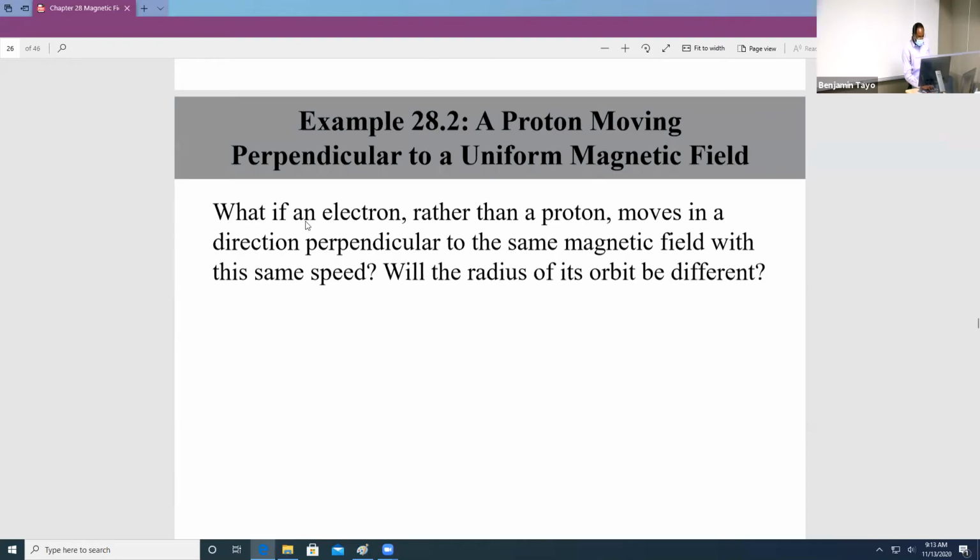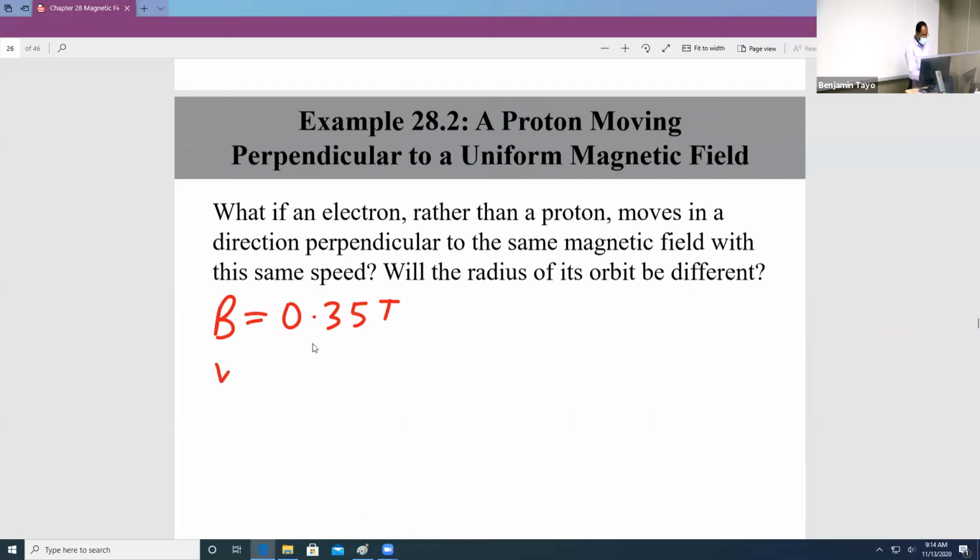Now it says, what if an electron instead of a proton moves in a direction perpendicular to the same magnetic field? So the same magnetic field means that the strength of the magnetic field is equal to 0.35 Teslas. All right, and then with the same speed.